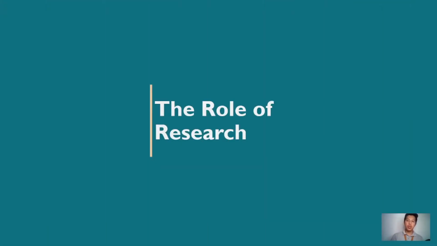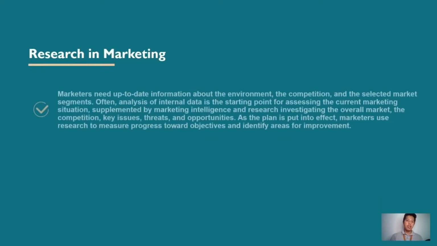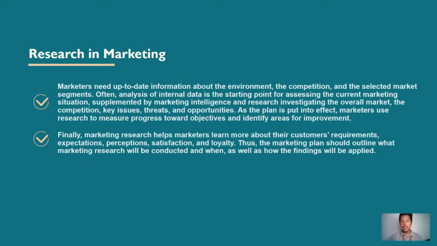Now, what is the role of research with respect to the marketing campaign or a marketing plan? Marketers need up-to-date information about the environment, the competition, and the selected market segments. Often, analysis of internal data is the starting point of assessing the current marketing situation, supplemented by marketing intelligence and research investigating the overall market, the competition, key issues, threats, and opportunities.